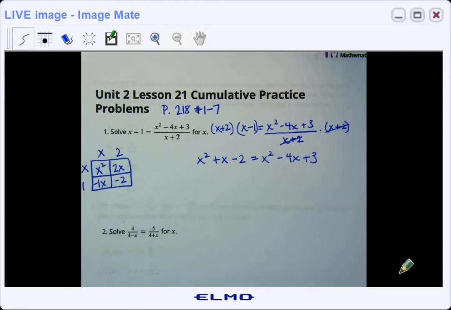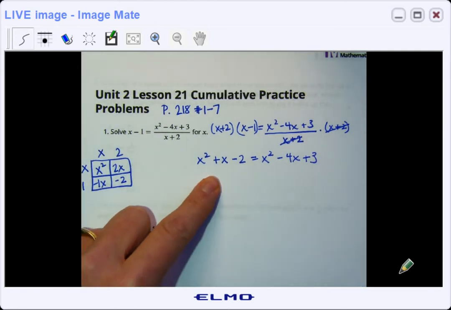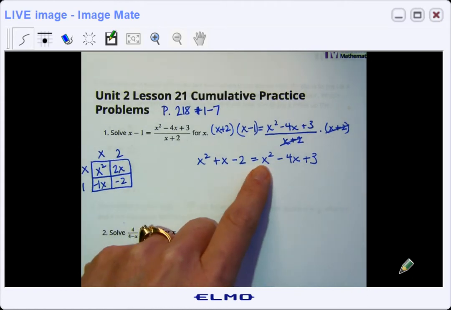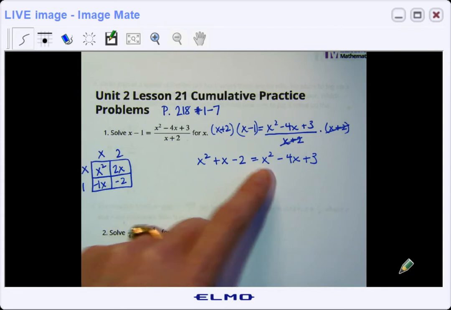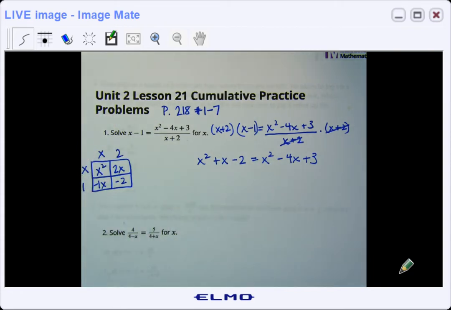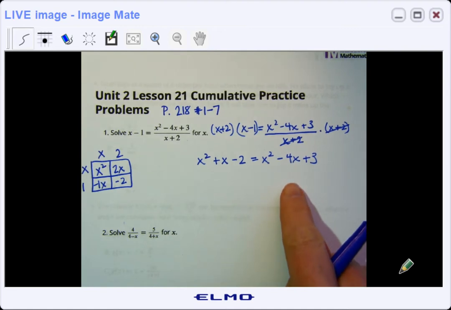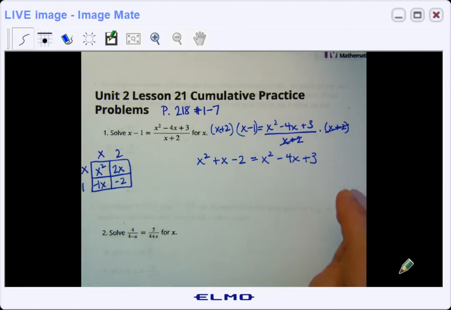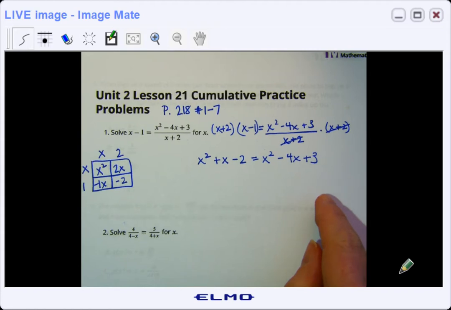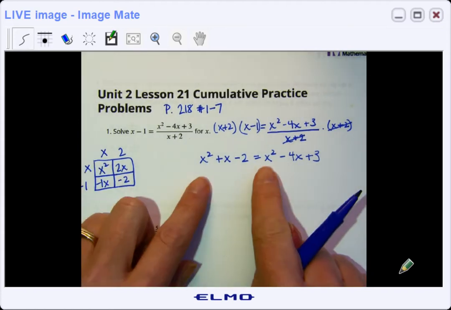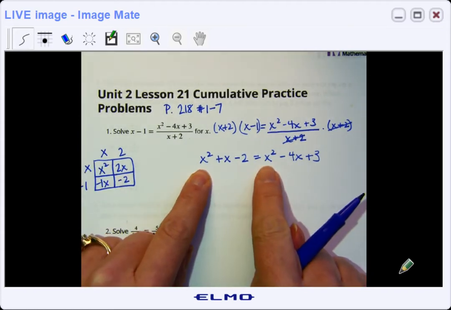So typically what we would do now that we're at this step in the equation is we would move everything from one side of the equation to the other using the opposite operation because we've got a quadratic and we want one side to equal 0 and then either factor or use the quadratic formula. But I noticed that both of these contain just x squared.